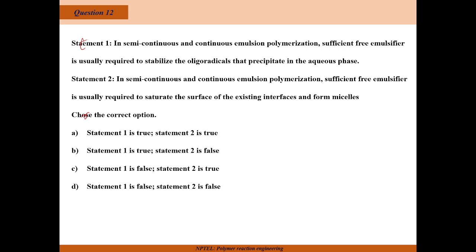Micelles are generally the specific requirement in emulsion. So emulsifier provides stability to the micelles formed. So addition of free emulsifier will saturate the surface of existing interfaces and form micelles.